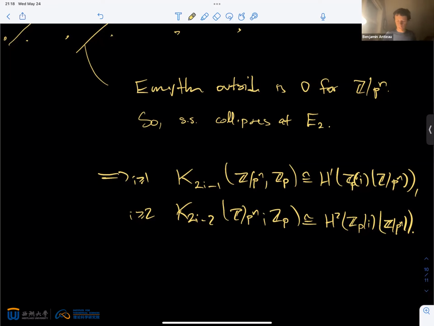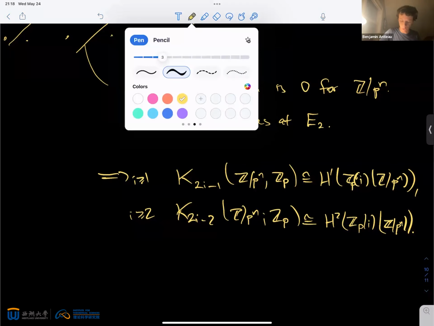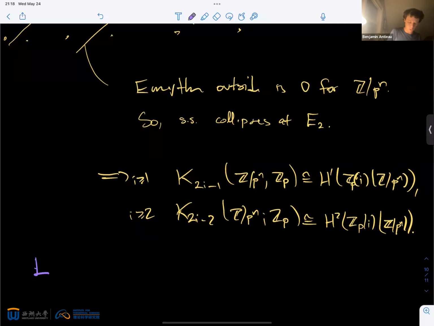Actually, I was going to give a related example first, which helps to figure out what's going on. So here's a related example, which is very well studied. Instead of taking Z mod P to the N, let's take FP adjoin a polynomial variable Z modulo Z to the N.